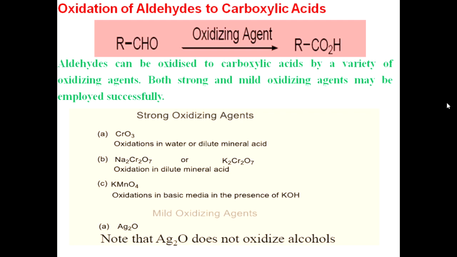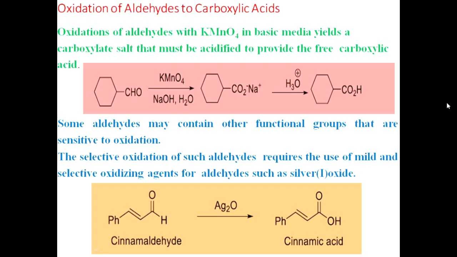Importantly, with silver oxide there is no oxidation of alcohol. That's why it is a very selective reaction for the oxidation of aldehyde into carboxylic acid where an alcohol group is present. Now, see the example of cyclohexyl aldehyde with KMnO4, sodium hydroxide, water, an aqueous basic condition with potassium permanganate as the oxidizing agent.